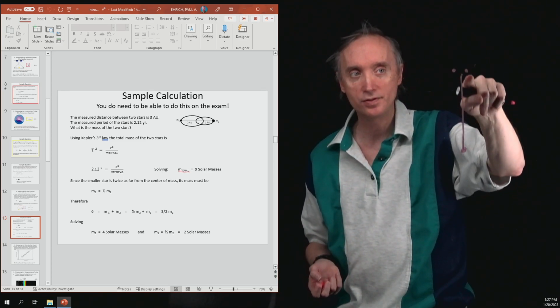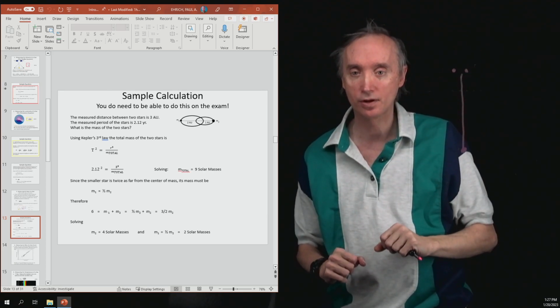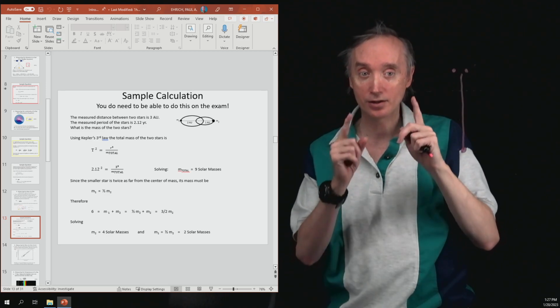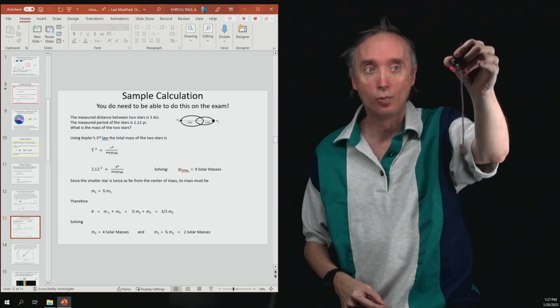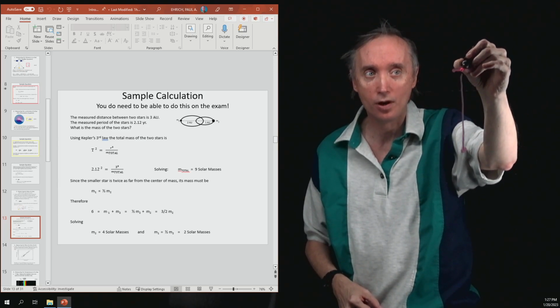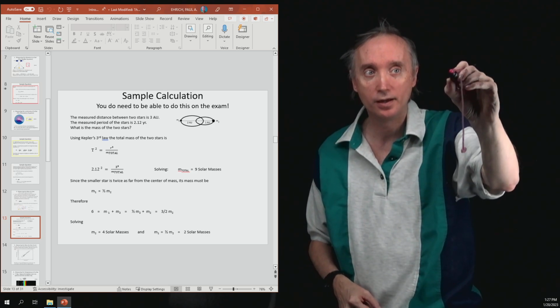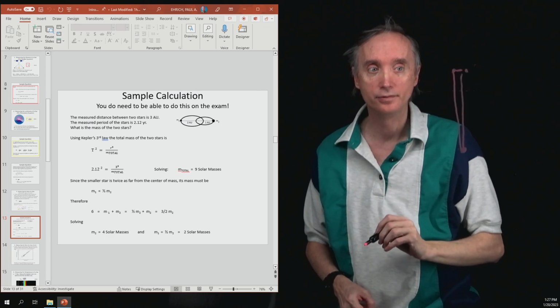So we know the distance to them, and then we look through our telescope and we can actually see the wobble of this thing. So we can measure that wobble, and we can use some trigonometry on it.